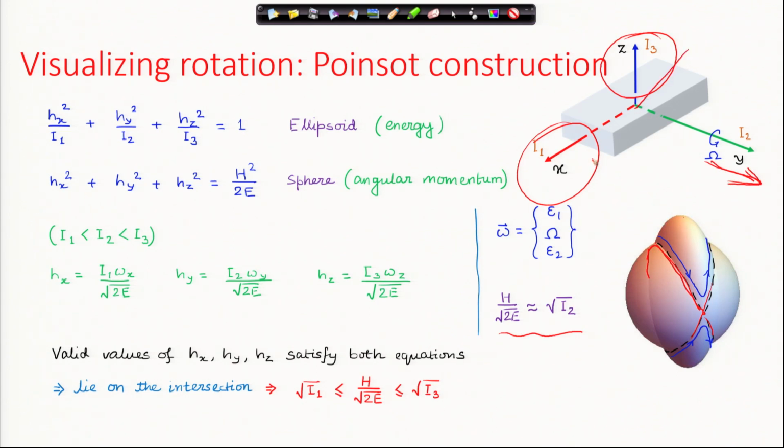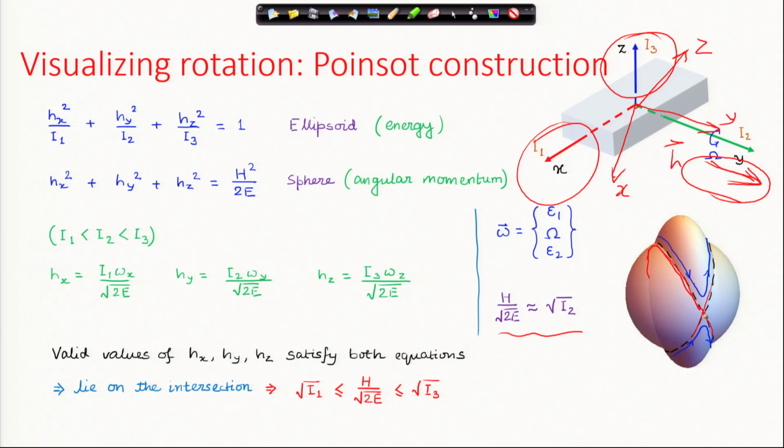The frame may look like this, for example. In that case, the h vector will have projections in x and z directions. And since the frame has to reorient, it means the body also will reorient.